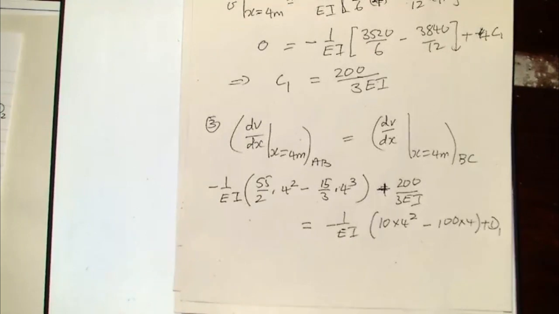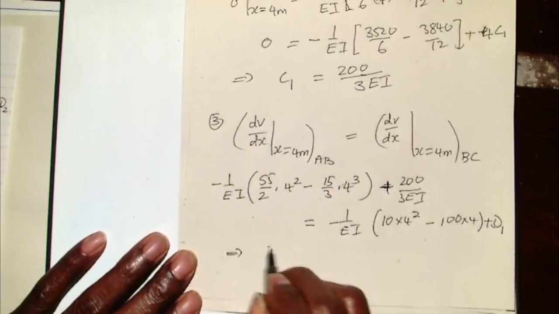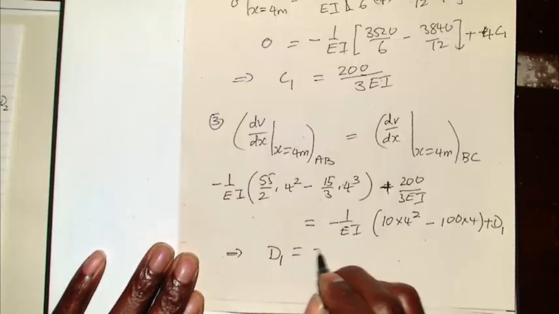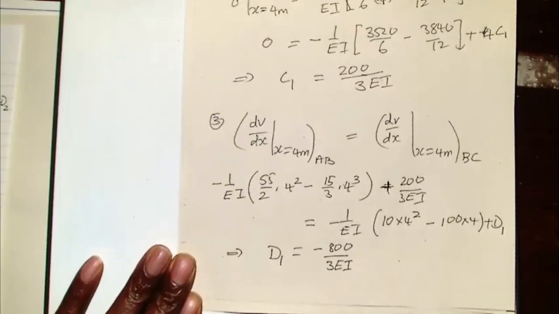And then with that, you can find D1 because everything there is just constant. D1 is the only thing that we don't know. If you do your simple algebra correctly, you will get D1 equals minus 800 all over 3EI.